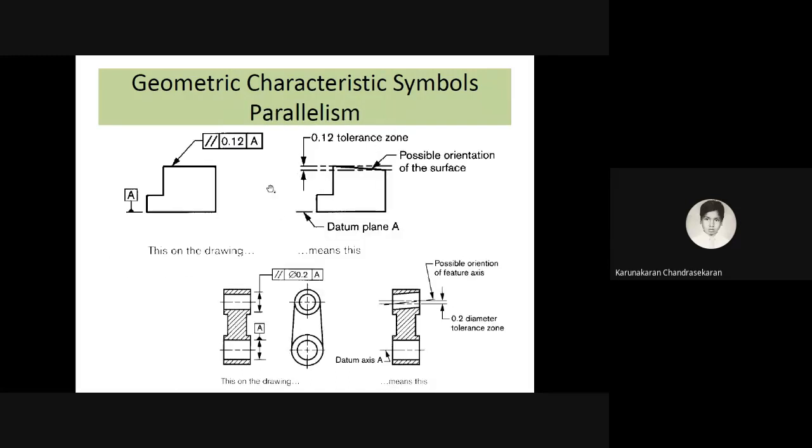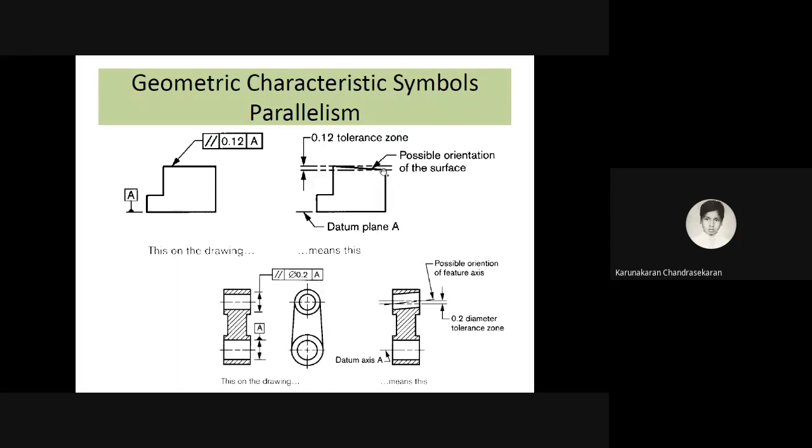Then again, parallel. For example, from this surface we require to mention, and we require a datum surface. We have mentioned a datum surface from this datum plane. You have already obtained the tolerance zone. The tolerance zone covers 0.12, and hence this particular surface is parallel to this datum plane, and it contains the tolerance.